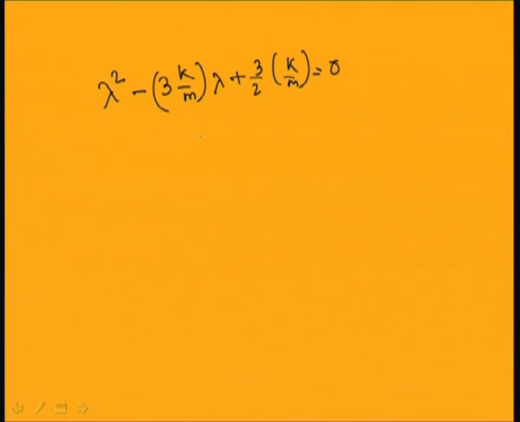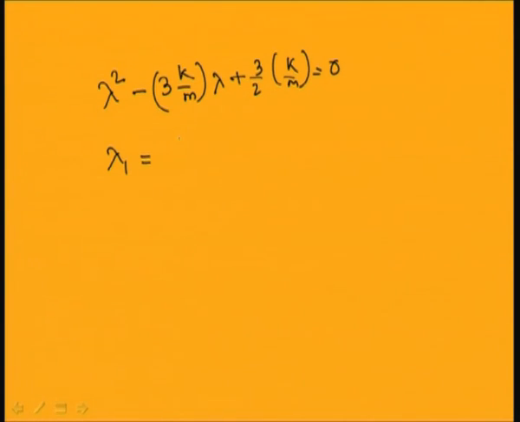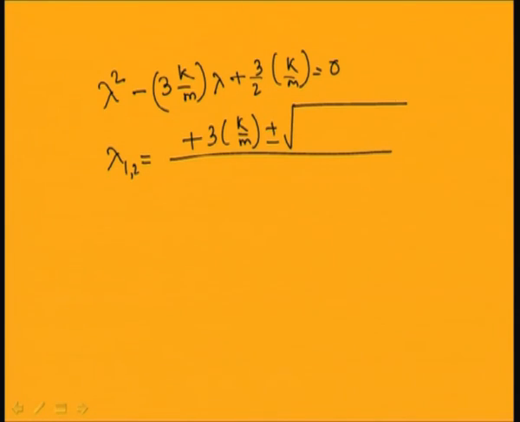This is a quadratic equation, and the solution of this quadratic equation will give me the frequency equation. So, I can have two values of lambda, lambda 1 and lambda 2, equal to minus b plus or minus root over b square minus 4ac, by 2a.